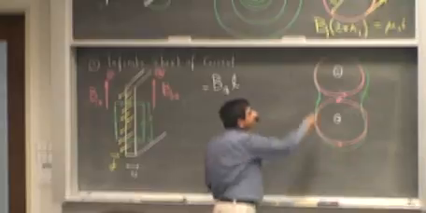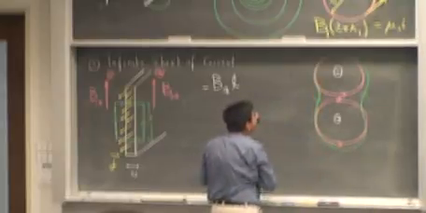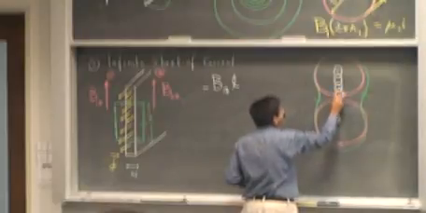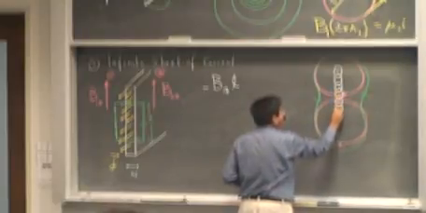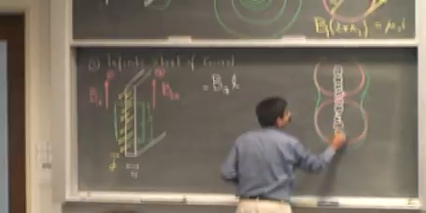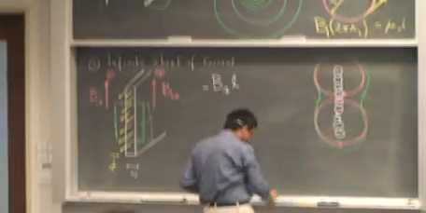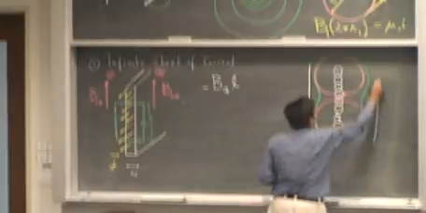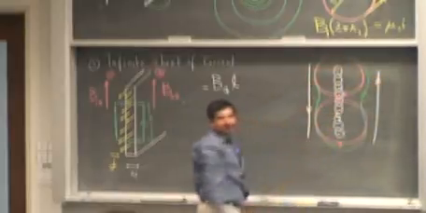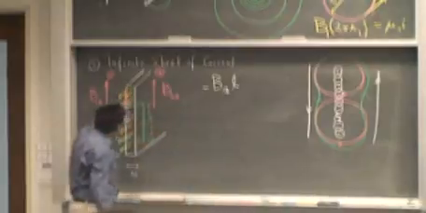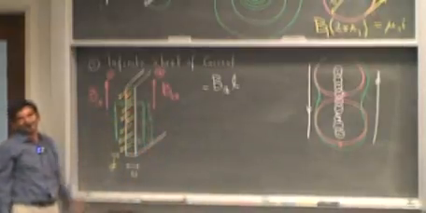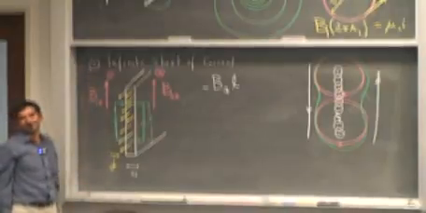Now if instead of two conductors, I have a really large number of conductors close together, and this goes up to infinity, then the field can only point parallel to this sheet of current carrying conductor. So if I have an infinite sheet of current, the only magnetic field that can exist is along the Z-axis, parallel to the sheet.